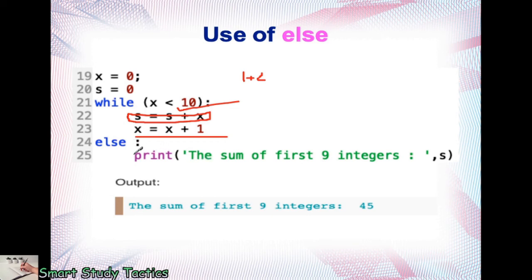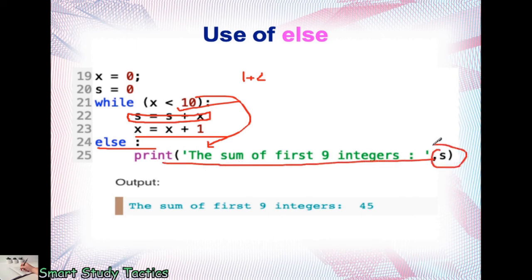That's why I put else here, so that at the end when this condition becomes false, it will jump to this area and print the line with the answer. Okay, so please pause the video and try yourself.